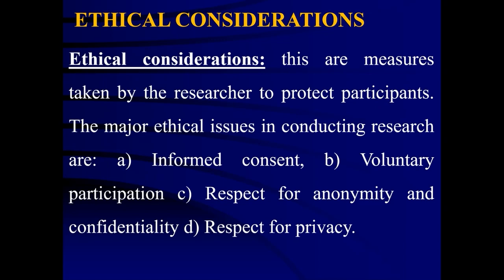That is why we normally encourage researchers not to use the actual names of participants. You are trying to protect people who provided you with that information, because some information can be very sensitive, and if you attach a name to that information, that can cause some problems or implications.